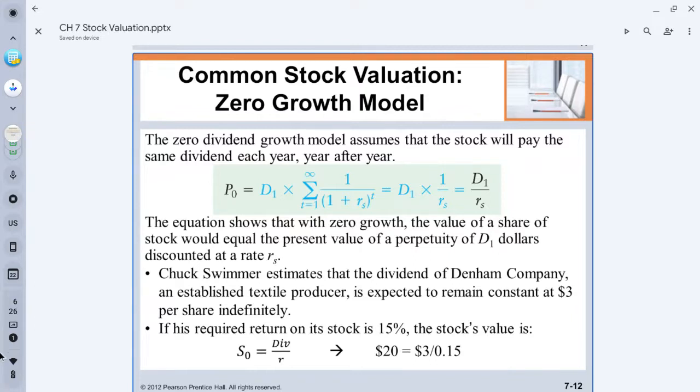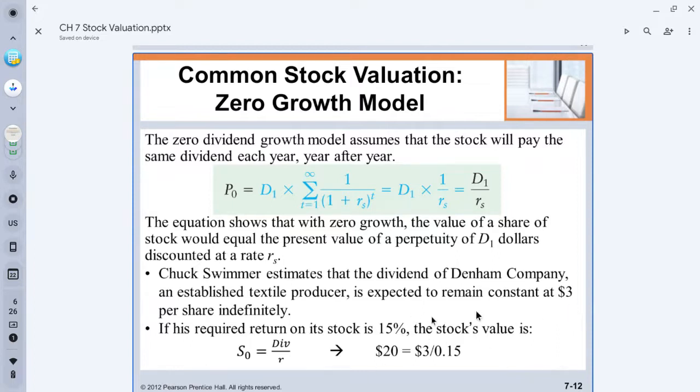So based on that, this is a case for the constant dividend model or zero growth model. So then the dividend is constant, $3, indefinitely, right?